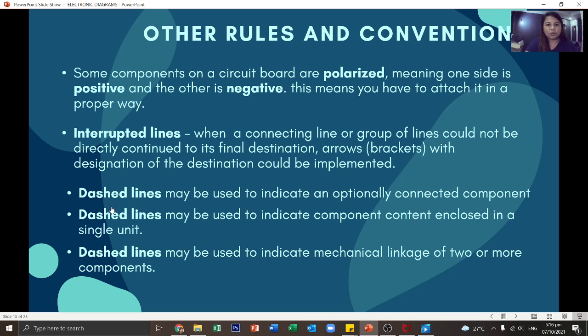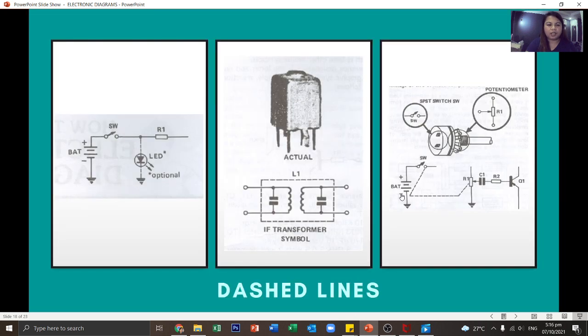Then we also have rules for dash lines. We use dash lines in schematic diagrams for 3 reasons. First, dash lines may be used to indicate an optionally connected component, like this first picture.